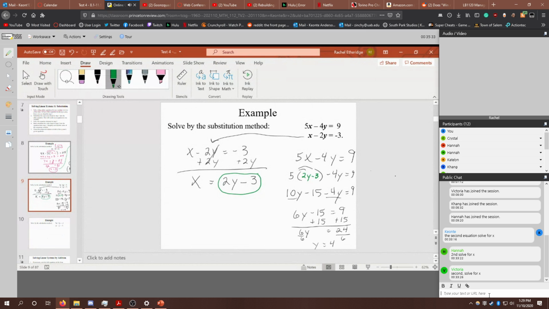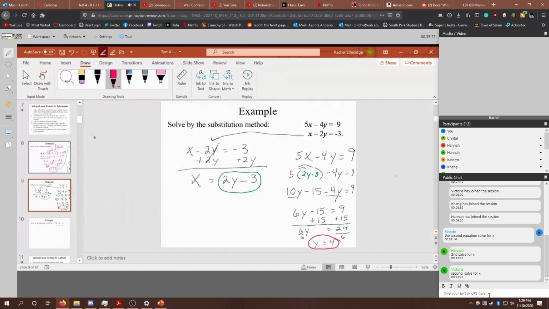And now I want to take that y that I got right here, and I want to go back and plug it in where I already solved for x. You can plug it into one of the original equations, or you can plug it into this original equation. It doesn't matter actually which one you plug it into. But since I already solved this for x, I think I'm going to plug it in right there.